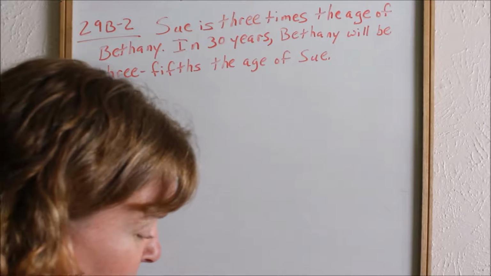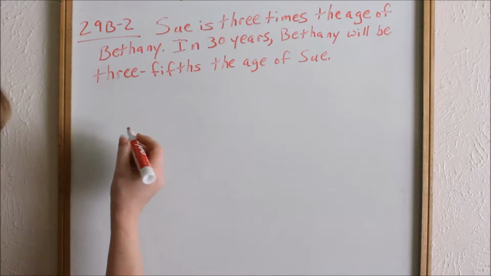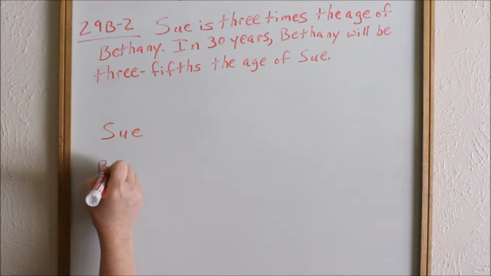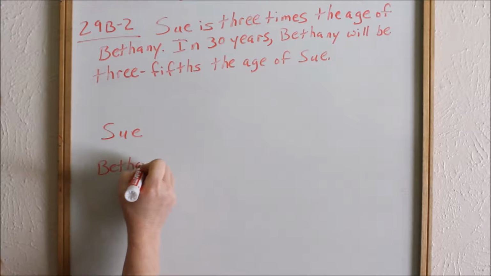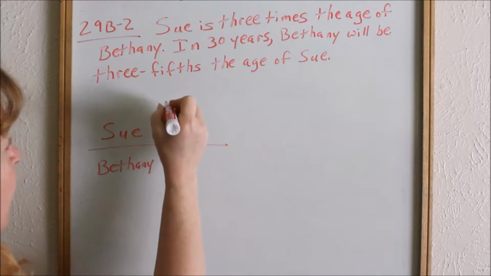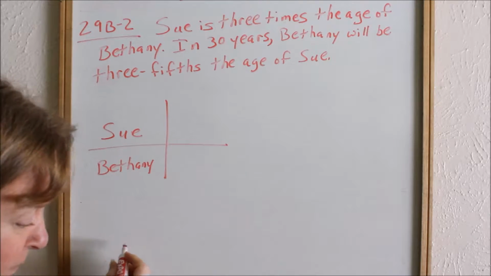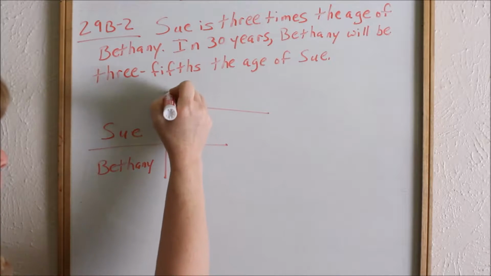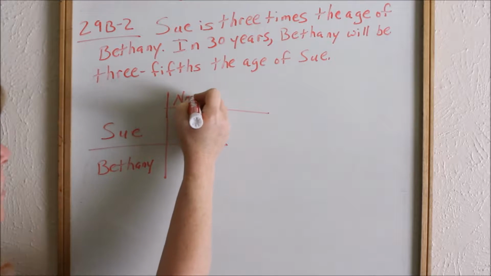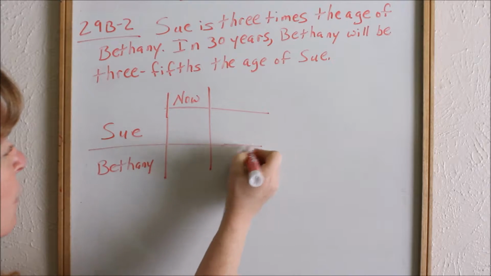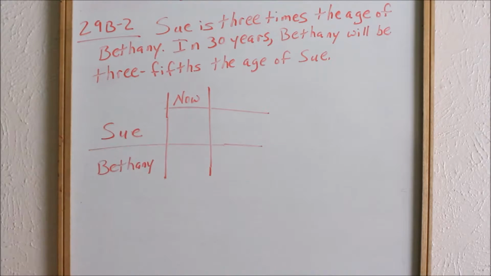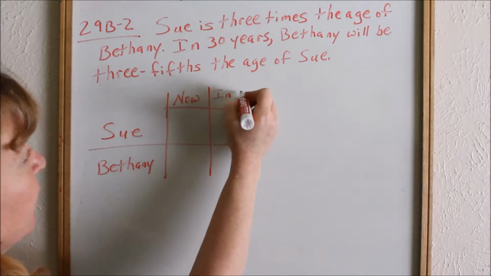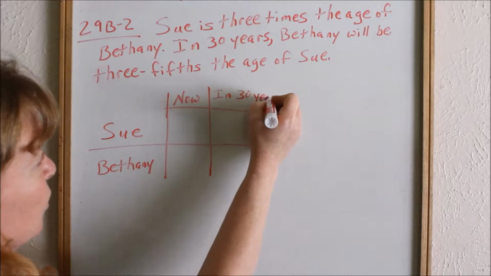So I recommend making a chart. So here I'm dealing with Sue and I'm dealing with Bethany. Okay, their ages. I'm dealing with their ages now, in the present, and then I'm also going to be dealing with their ages in 30 years, which is the future.